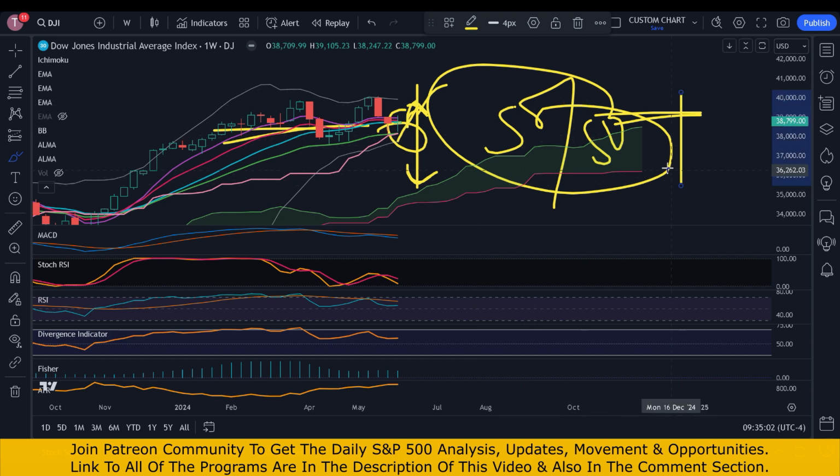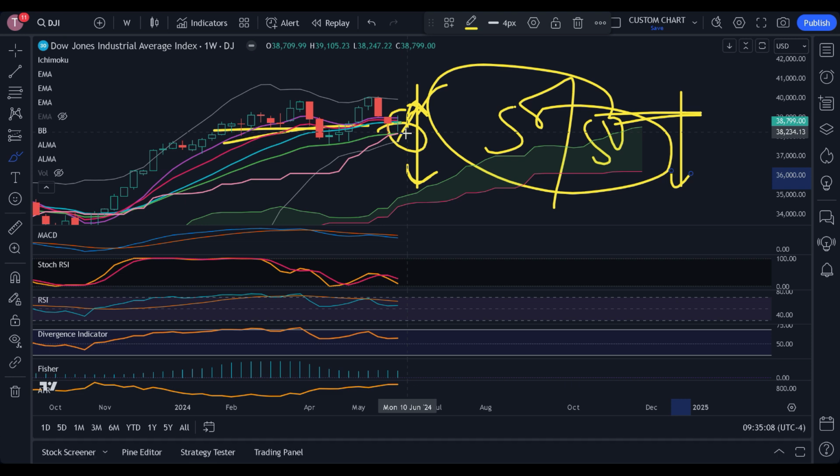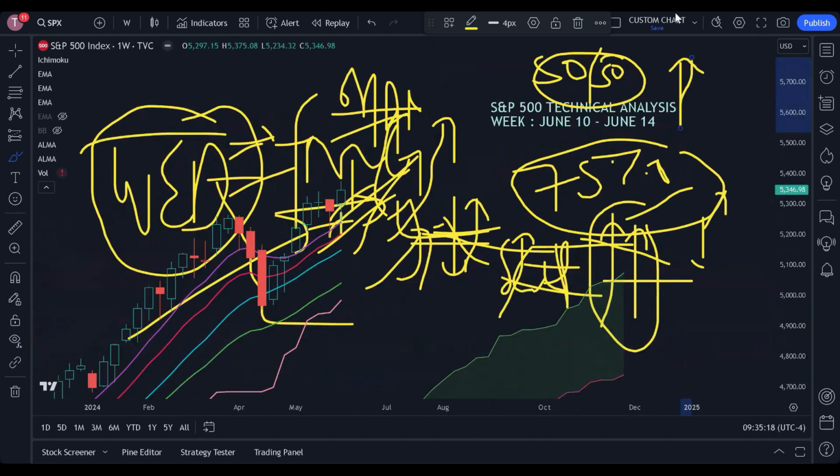Although it will remain under pressure, it will be free to move up, not heavily, but in some manner. And this little bullishness in the Dow Jones will help the S&P 500 and the other indices to move up. So this is the picture here.